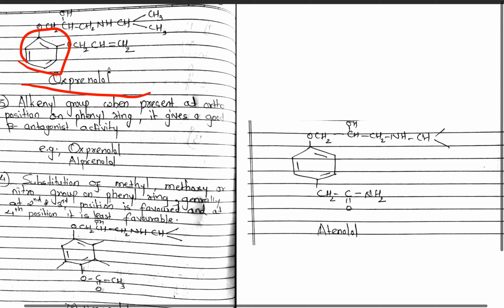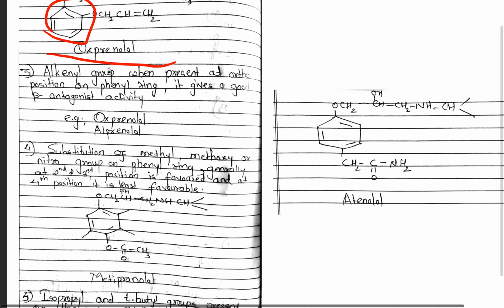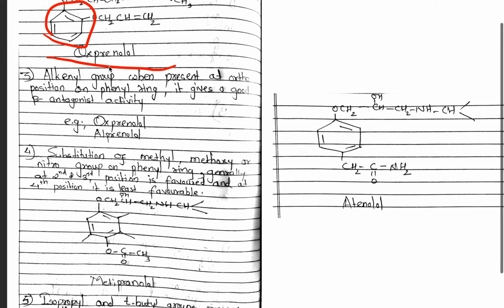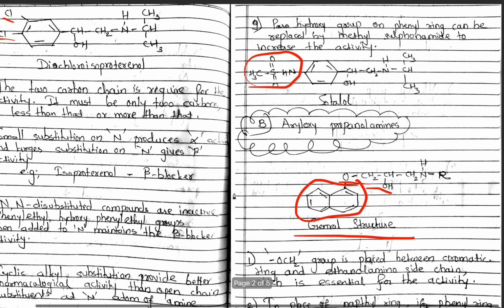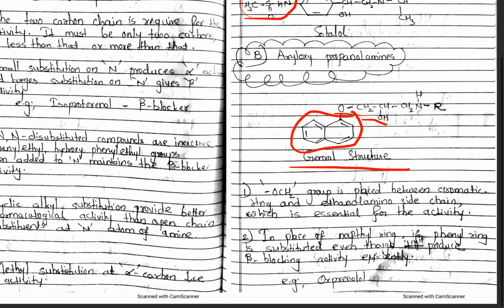now moving to the substitution. In this structure, when an alkenyl group is present at the ortho position of the phenyl ring, then it gives a good beta antagonist activity.